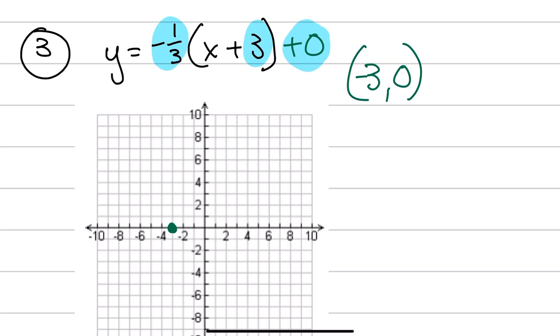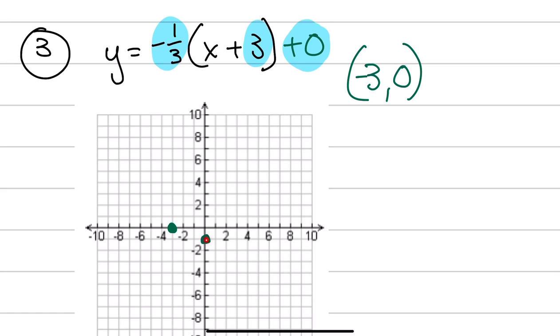All right. Okay, let's go with our slope. So we have -1 over 3. So this negative is going to tell me I'm going down 1 and to the right 3. So starting at the point that we just had, I'm going down 1 over 1, 2, 3 right here. Okay, and then I'm going to keep going because I still have space.